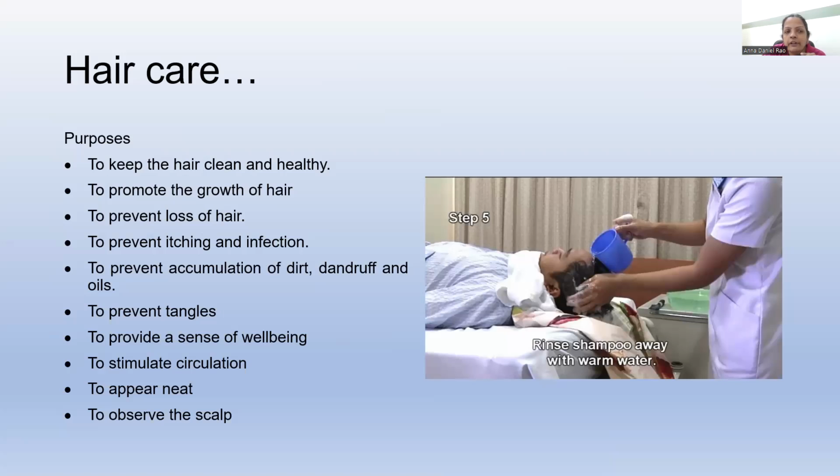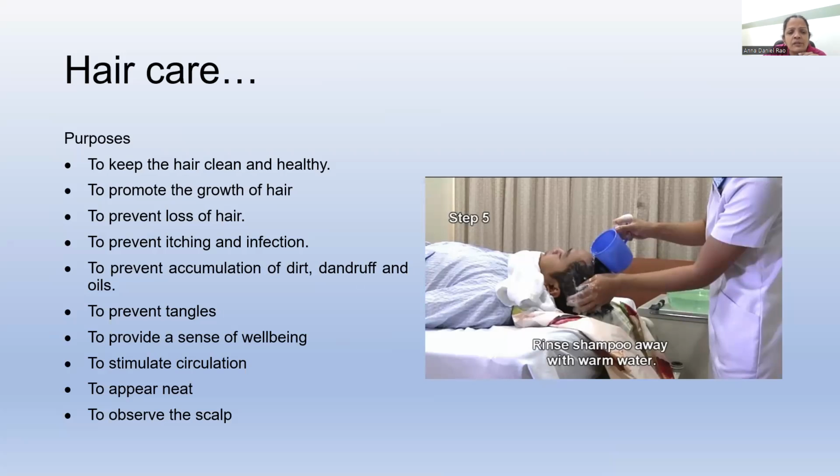How to give hair care? Our purpose is not just to clean and keep the hair healthy, but also good growth, and to prevent loss of hair, prevent tangles, prevent any infection in the scalp, any itching. All these things we also need to prevent.